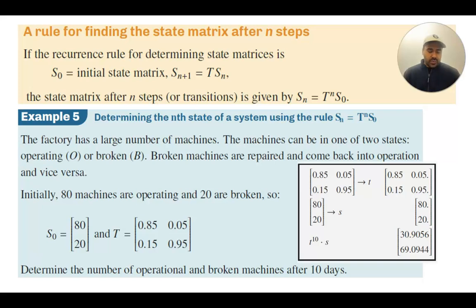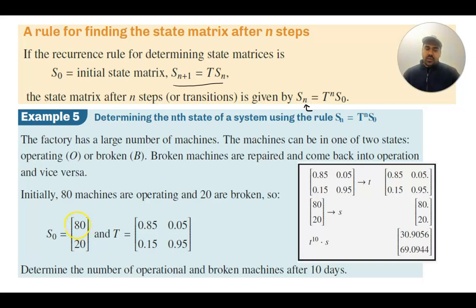Now, we can also put this in terms of a rule, okay? Just like within finance, if you know that this is going to be recurrence, to get the rule for any time frame, whether it's day, month, year, whatever the context of the question is, you take the transition matrix, put it to the power of that time frame, and multiply it by your initial amount. Because that will apply the transition matrix again and again and again to the initial. So for instance, let's take that same factory, the same transition, the same initial state of 80 and 20.